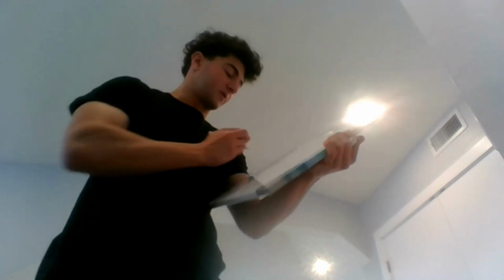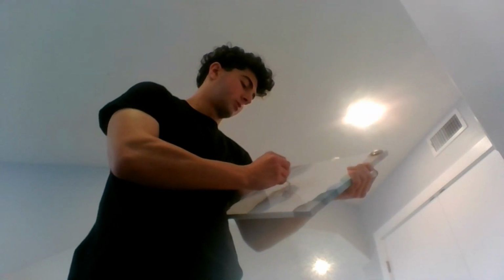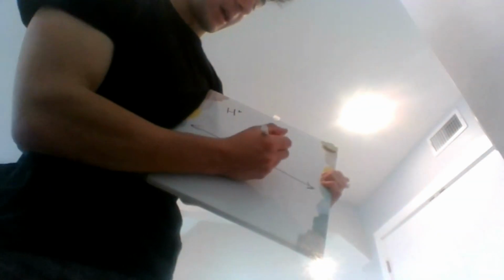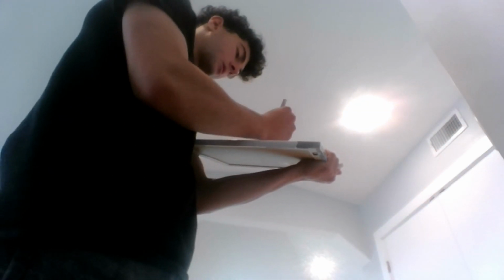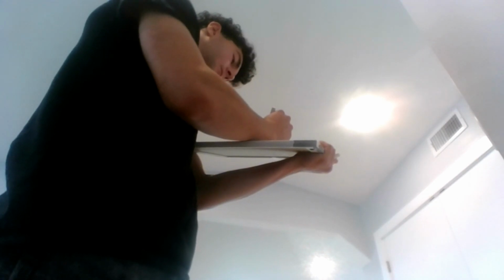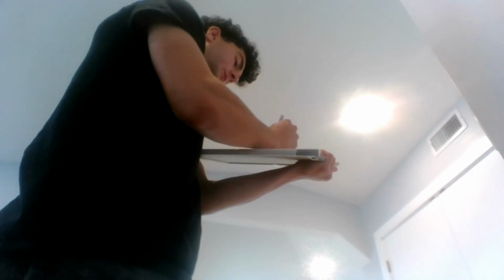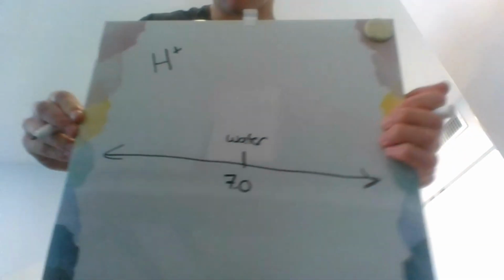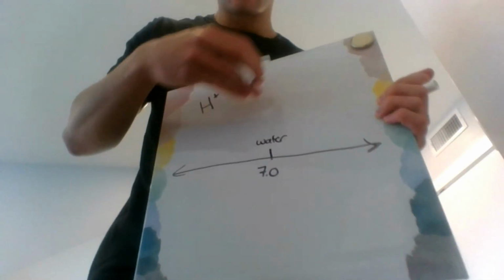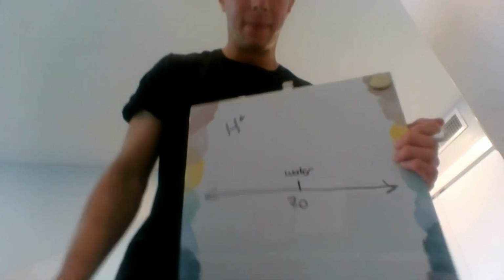The scale is centered around water, which has a neutral pH of 7.0. So if I draw a little number line here, you'll see that water is the center of the scale, 7.0, neither basic nor acidic.